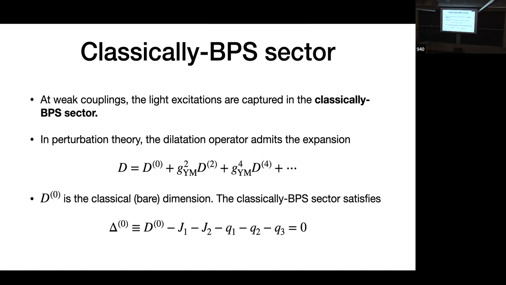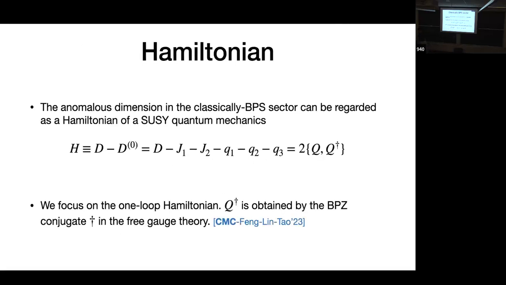These operators are basically the ones you can construct by taking traces of these BPS letters. So they are basically the BPS words. For every BPS word, you have a corresponding classically BPS operator.